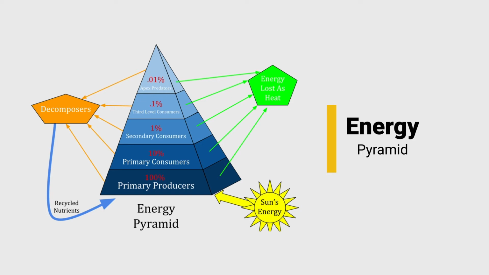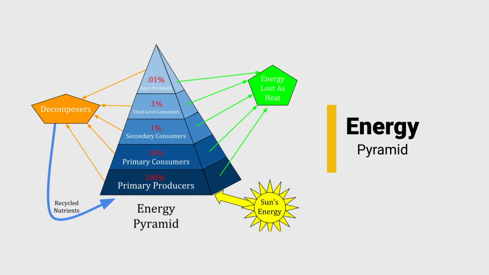Here you will see that of whatever energy the primary producer, the plant, receives, only 10% is transferred to the primary consumer.